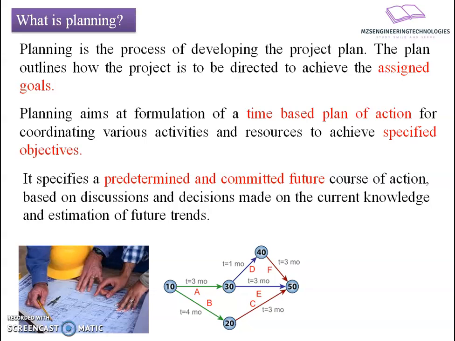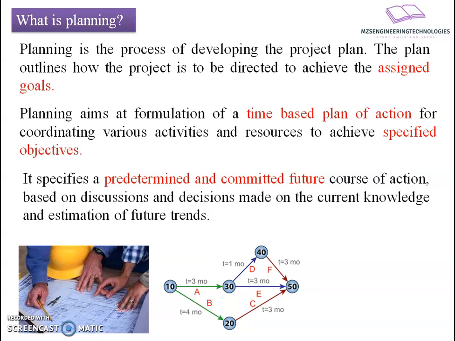Now, later on, if we want to quote the statement, it specifies a determined and committed future course of action based on discussion and decision made on the current knowledge and estimation of the future trends. What it specifies is nothing but a predetermined and committed future course of action which we have prepared. Predetermined means initially we are going to know what type of hurdles we will have and what type of goals we will achieve, and we will assure that there is a committed future for it.